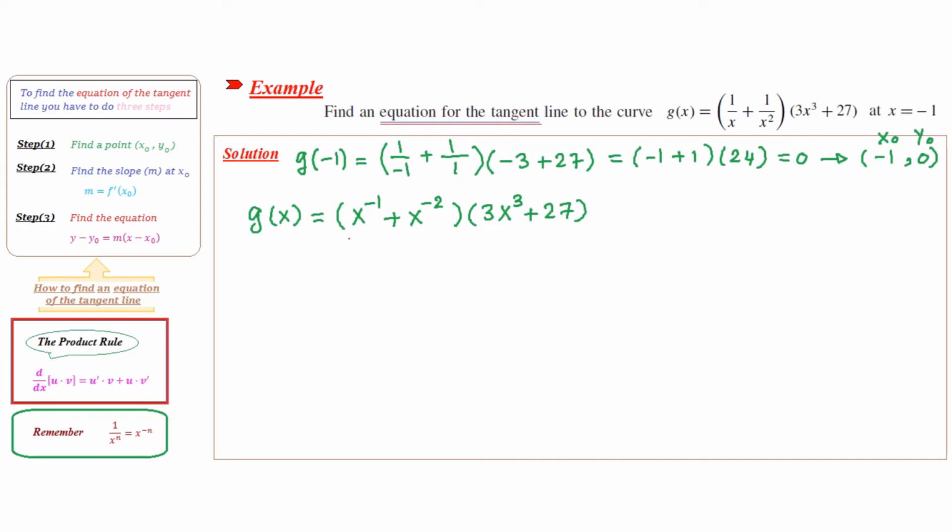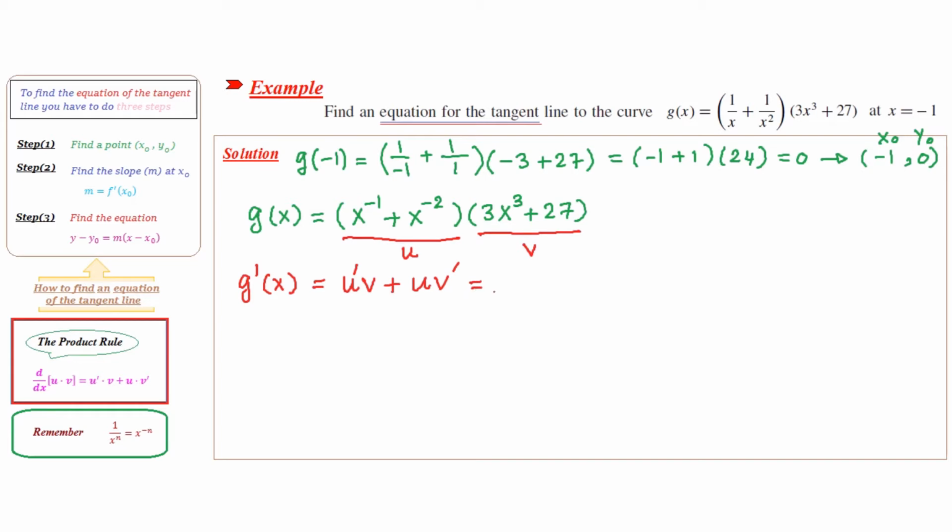So the first function is u and the second function is v, and as you know, g prime of x equals, by the product rule, u prime times v plus u times v prime.